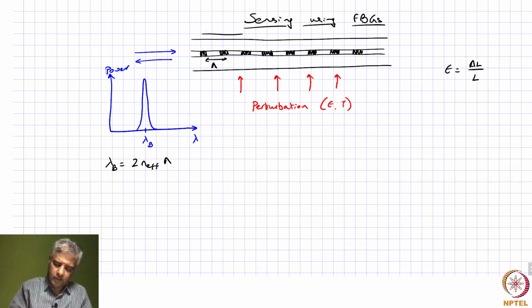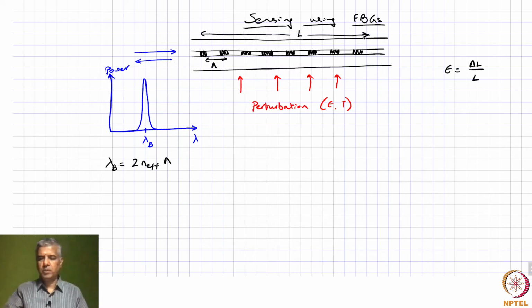This is the length over which the fiber is attached to a structure. Now if the structure is expanding, then delta L will be a positive number, and if the structure is getting compressed, delta L will correspond to a negative number, and correspondingly there will be a negative strain perturbation.